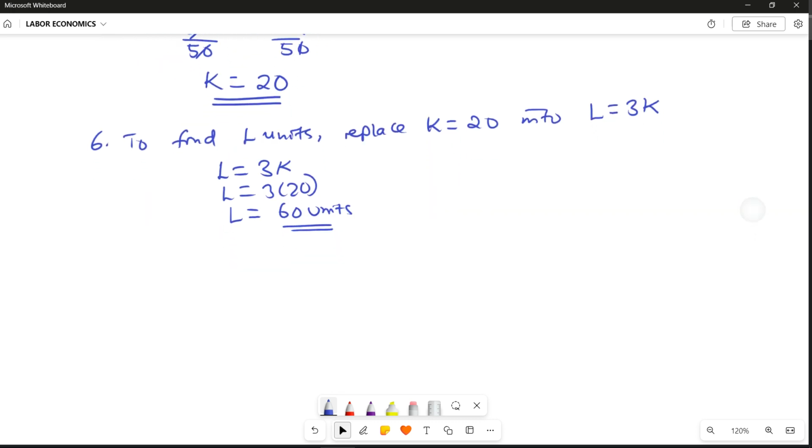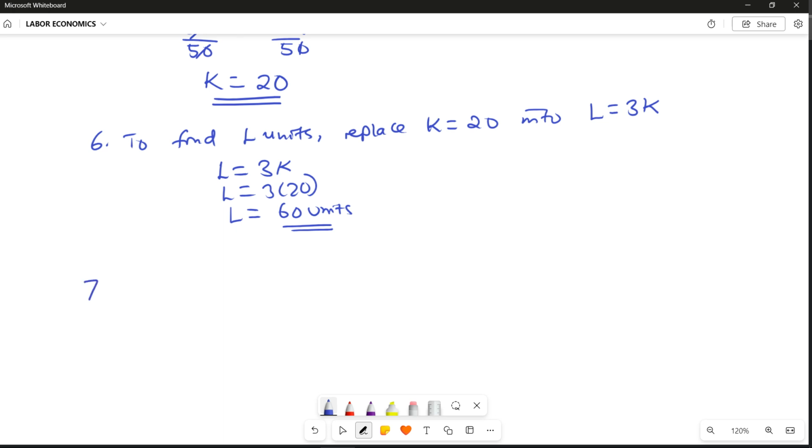Then remember the question. The question was actually saying, can you find the level of output? That is very simple.